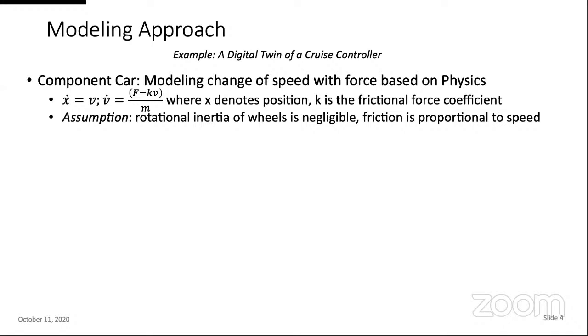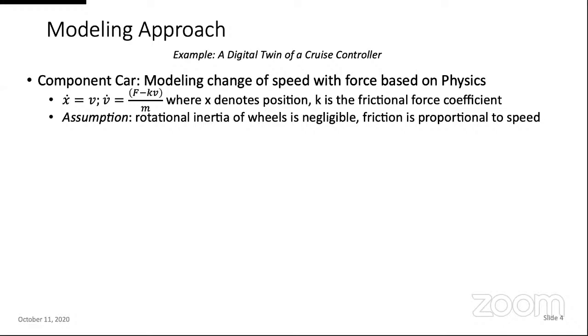Therefore, you only build a model of the car which models the change of the speed with respect to the force, which is based on Newtonian physics. You are computing the velocities given the force and the frictional force coefficient.